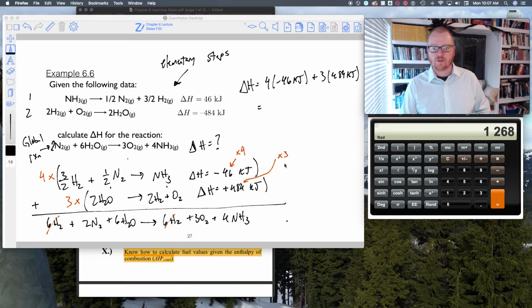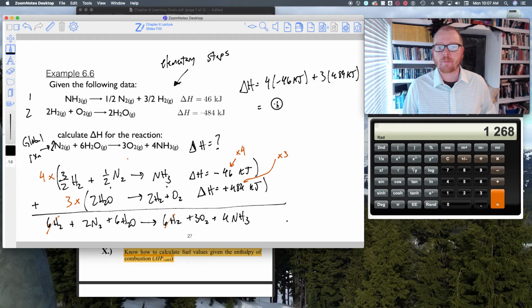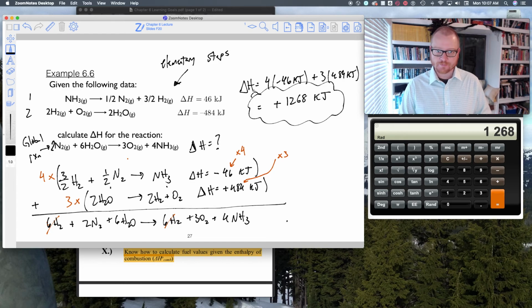Yes, wonderful, that's the right answer. So I get positive, let's see, because this is addition, it's going to go to the nearest whole joule. So that's 1268 kilojoules. So endothermic, okay?